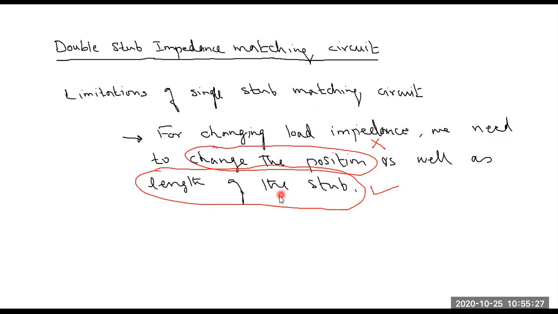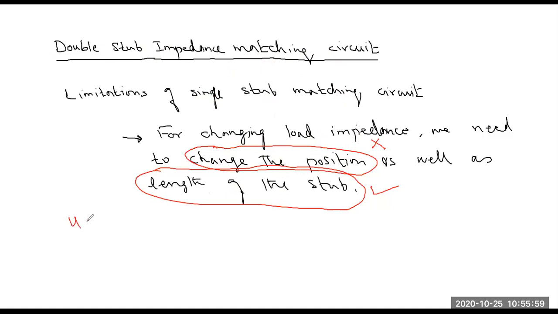Length of the stub is not an issue, we are comfortable with that. We are not comfortable with this thing. So this limitation of single stub matching circuit can be compensated by using double stub. That is the advantage of double stub impedance matching circuit, that even if the load impedance changes, you don't need to change the position of the stub.